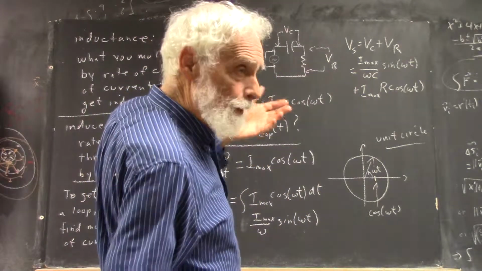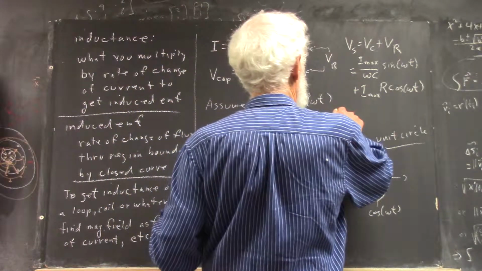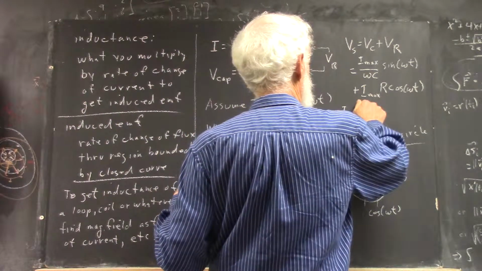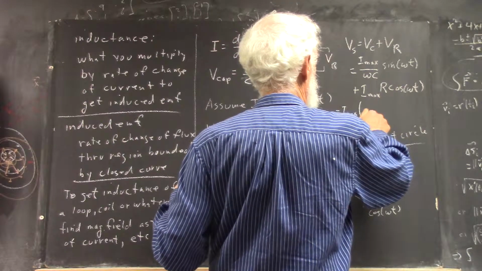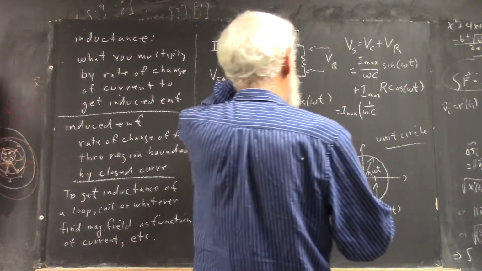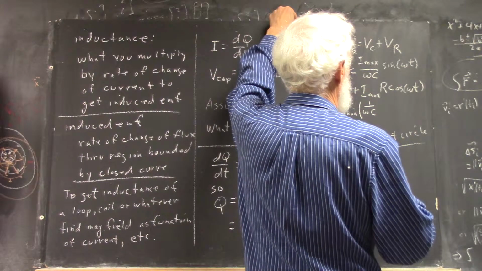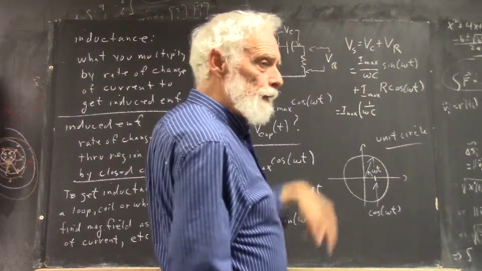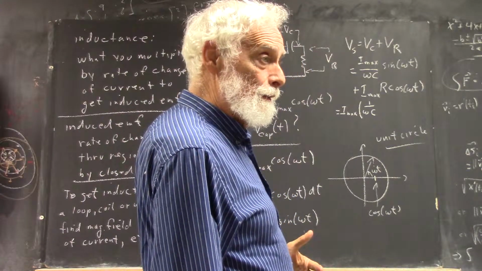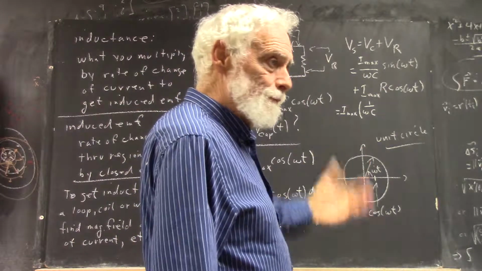Well, I don't want to write it like this. I want to write this as, first of all, I max times 1 over omega c. Okay, the sine of omega t is the cosine of omega t minus pi over 2.